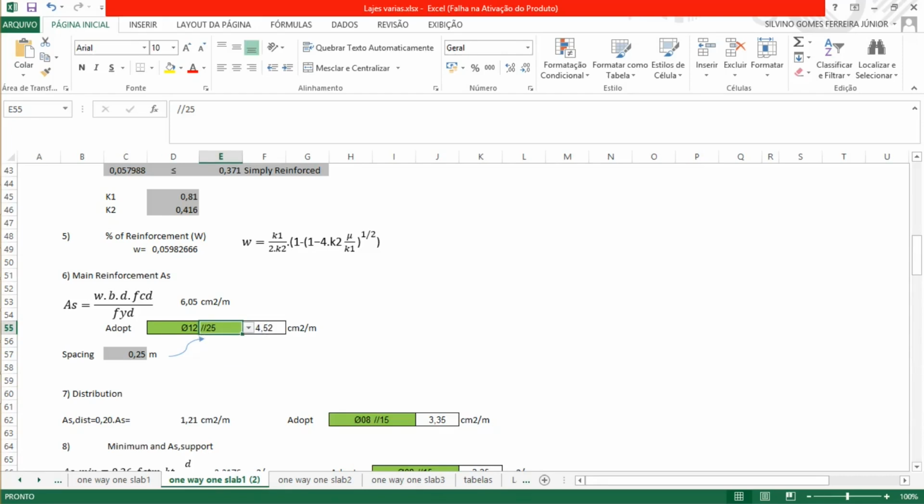What if we try to use it here, 25, to give us, we have to use bars of 16, and the difference is almost 2 square centimeters.